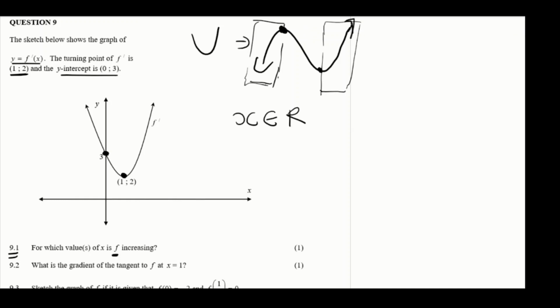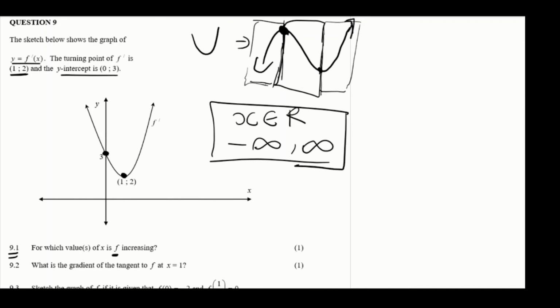Hence, I'm saying the graph of f increases from negative infinity to positive infinity, excluding the middle point between the two turning points. So you can simply write this as your solution for 9.1.